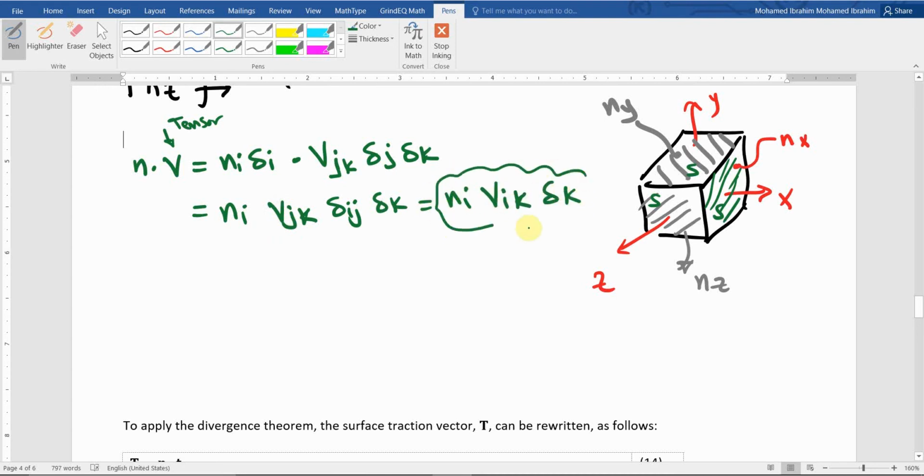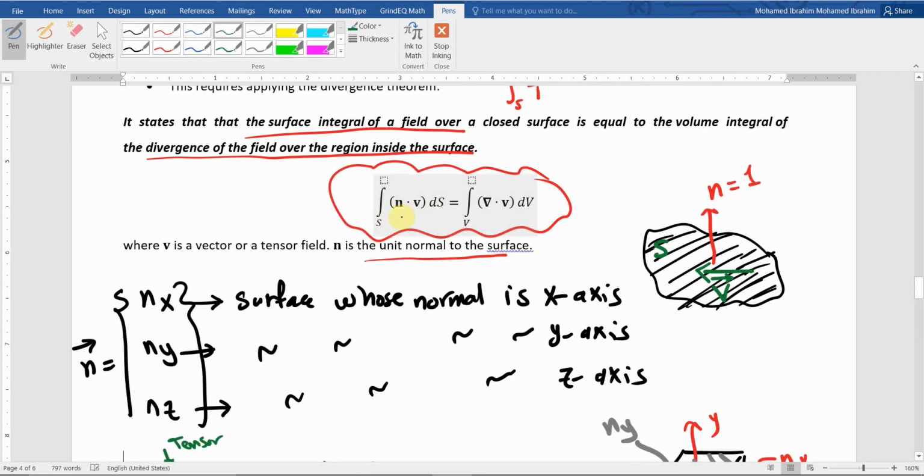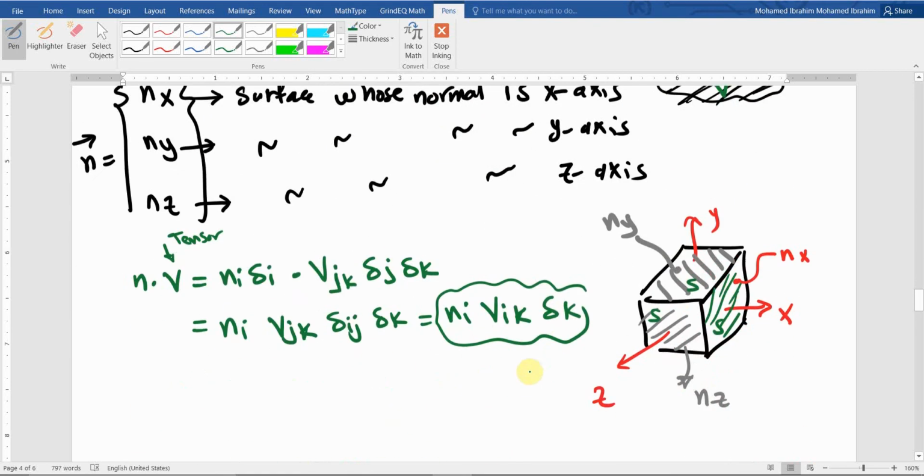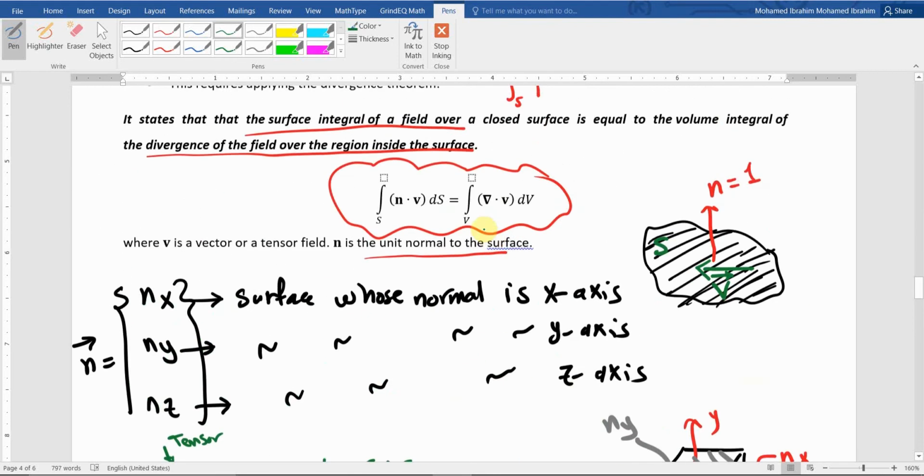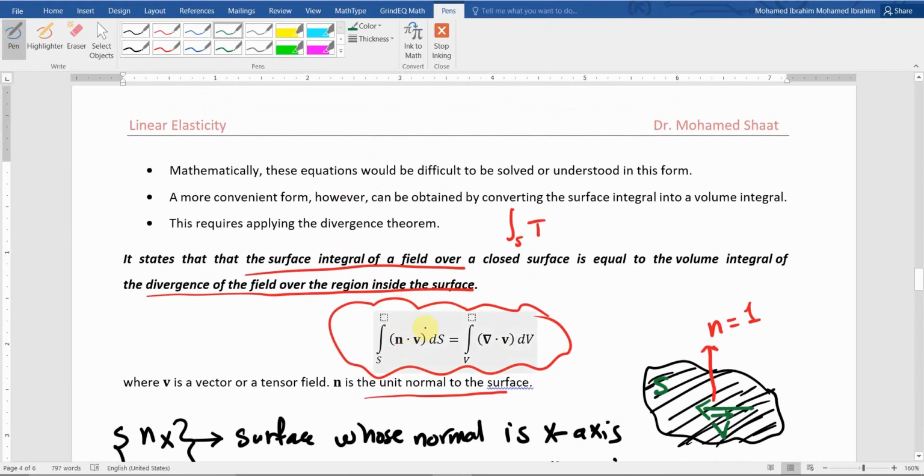So what does it mean? It means that this dot product of the unit vector dot tensor gives a vector, right? So according to the divergence theorem, there should be n dot something, n dot tensor, to end up with a vector here. Then this tensor will be converted into the divergence of the tensor according to the divergence theorem.